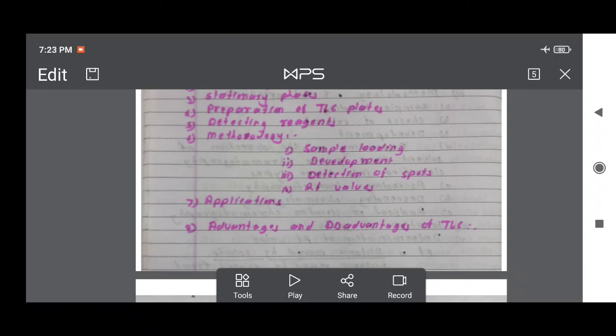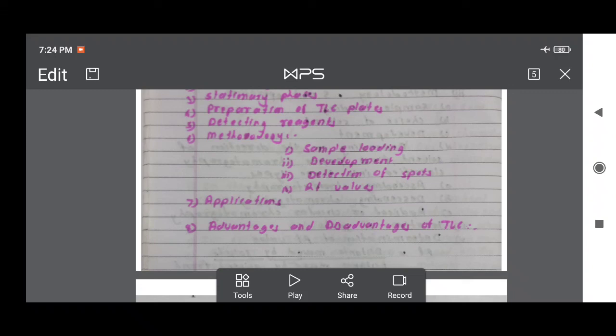The third operation is the detection of spots. After running the solvent, the solute positions are directly spotted if they are self-colored. Colorless solutes are detected by spraying a detecting reagent. The position held by the solute appears colored due to the color of the product and helps to locate it.